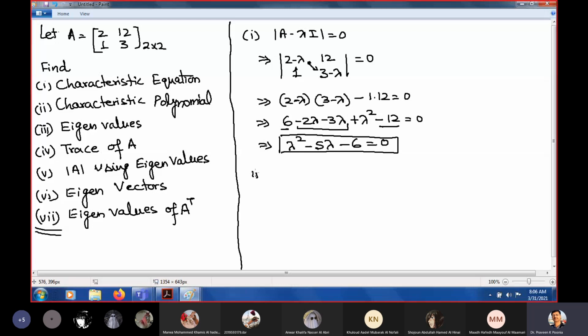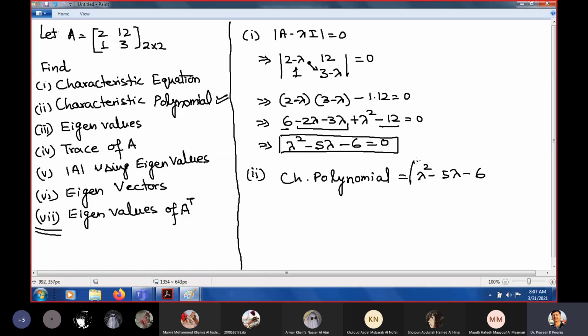Clear? If I come to question number 2, what are they asking? Characteristic polynomial. If you remember, I told you the characteristic polynomial is the same as the characteristic equation but without 0. There is no 0 here. We are not writing 0.